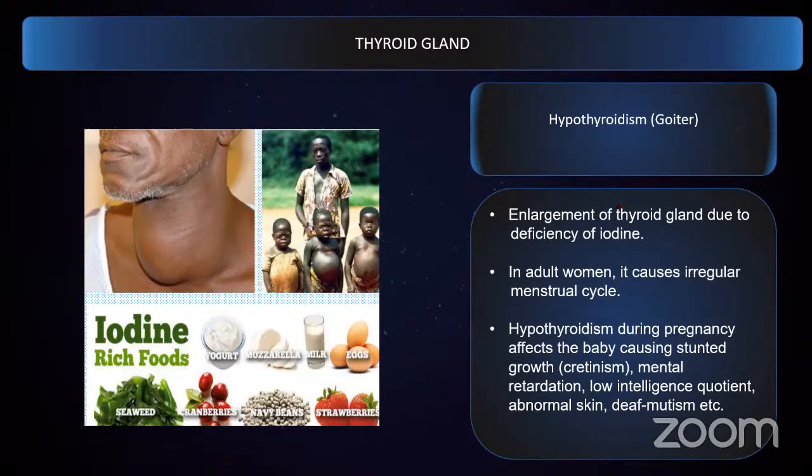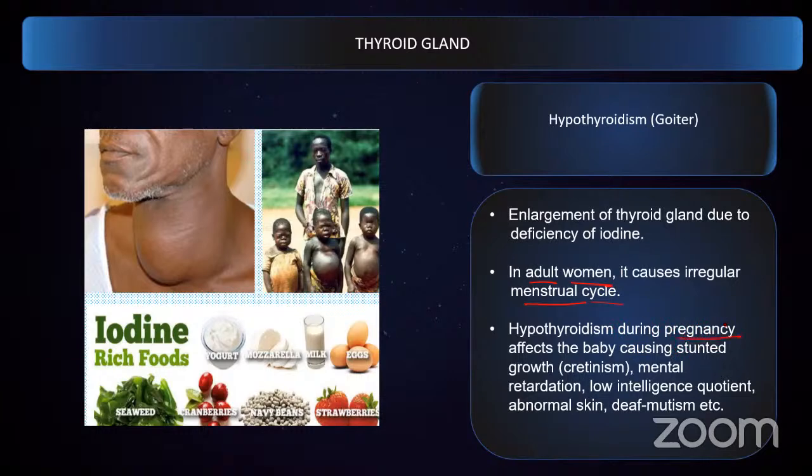Once it becomes enlarged, based on the age, for example if hypothyroidism is seen in adult women, they have an irregular menstrual cycle. There is one specific time where you don't want the deficiency of iodine as well as goiter, that is during pregnancy.